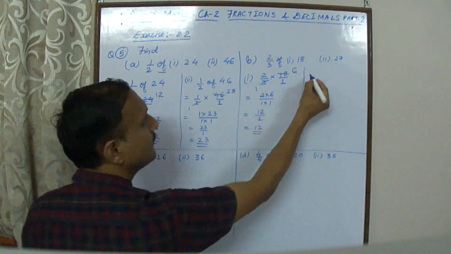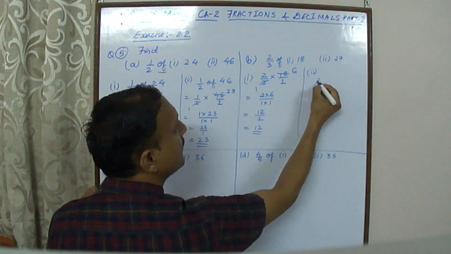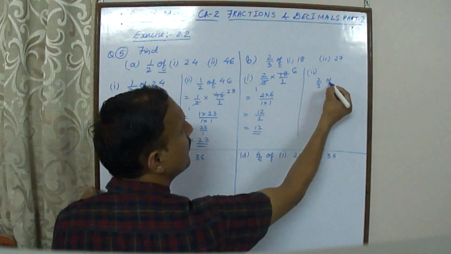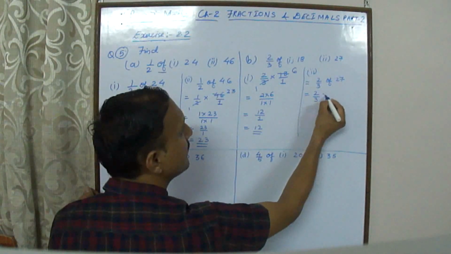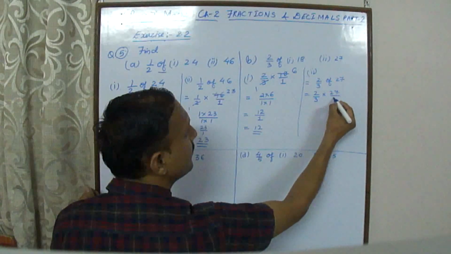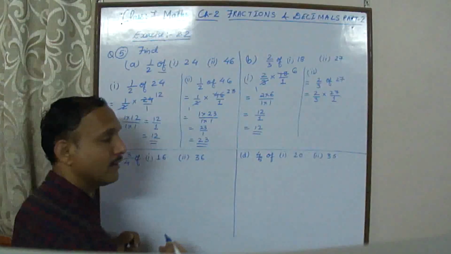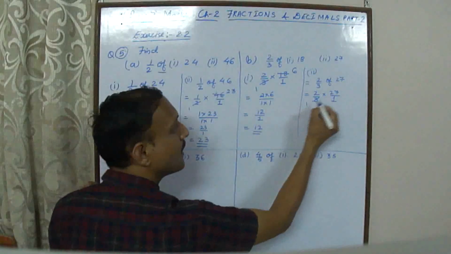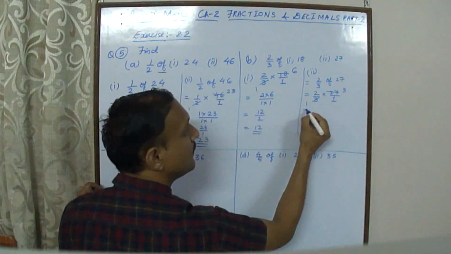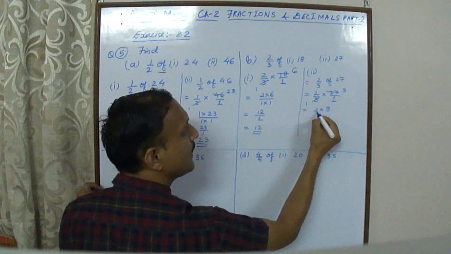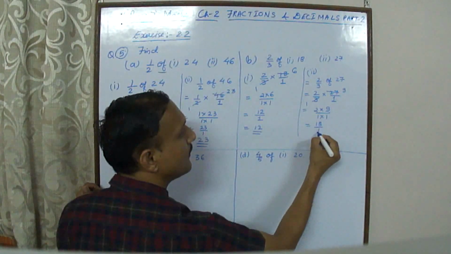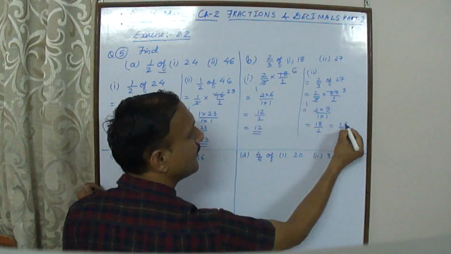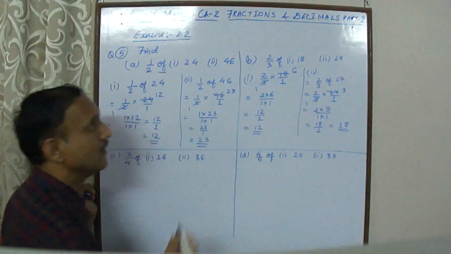And second part 2 by 3 of 27, and of you know very well, of means again multiplying. Put 1 as denominator, simplify it if it is possible. 3 ones are 3, 3 9s are 27. Multiply 2 into 9 and 1 into 1. 2 9s are 18, 1 ones are 1. 18 by 1 means 18 is the solution.